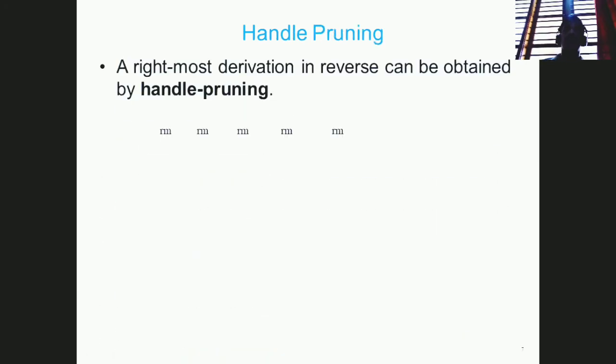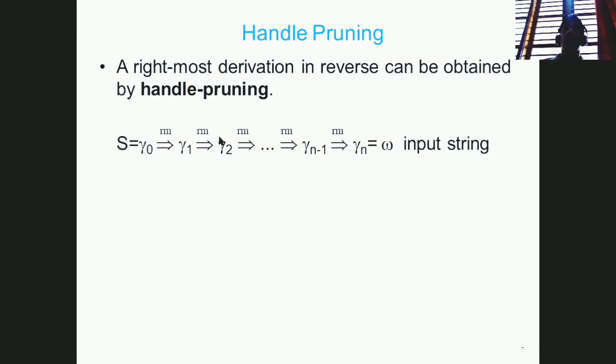What is handle pruning? A rightmost derivation in reverse can be obtained by handle pruning. If I consider this as my right sentential form, the last string is W, the input string. Previous to that is gamma n.